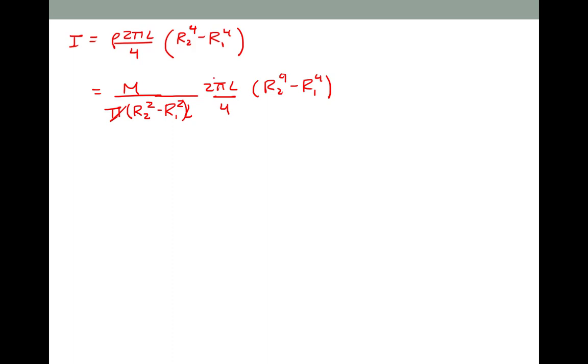Okay, the pi's cancel. The L's cancel. The factor of 2 in the numerator cancels part of the factor of 4 in the denominator. So now I have m over 2 times R2 to the fourth minus R1 to the fourth over R2 squared minus R1 squared.